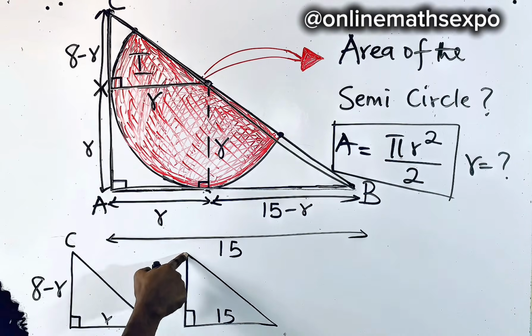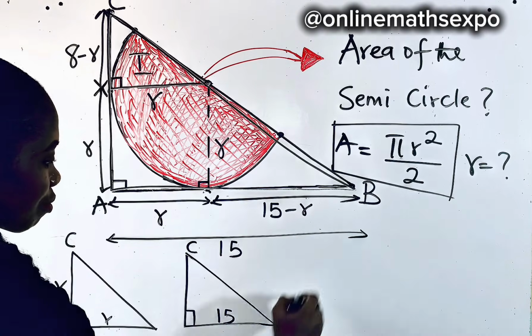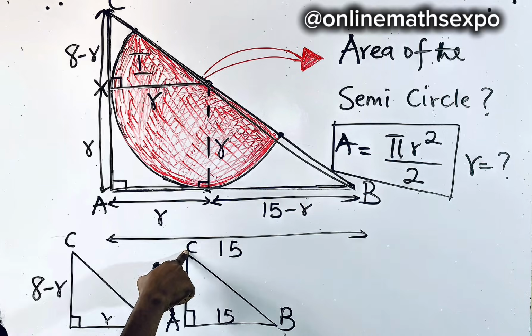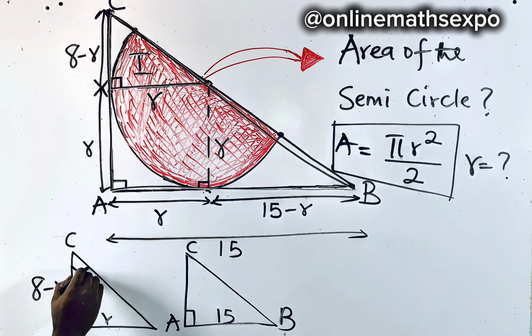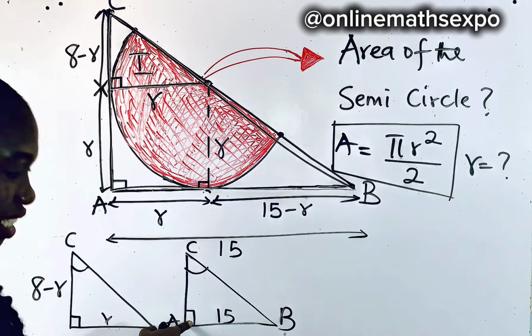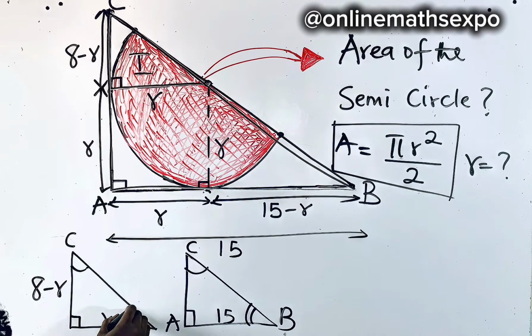Now, this point is also the point C. And this measures B, and this is A. Now, this point is the same as this one, so they have the same angle at this point, C. And you also observe they both have a right angle at this point. So automatically, the remaining angle here should be equal to what you will have here.